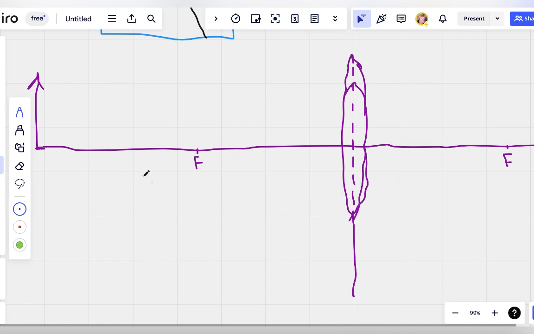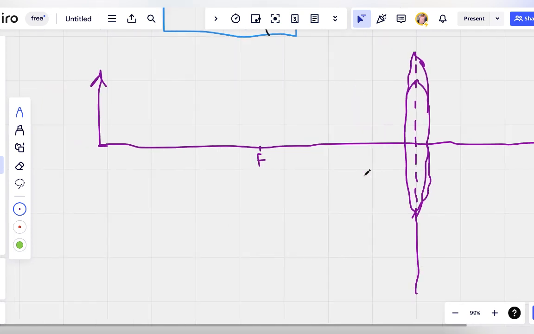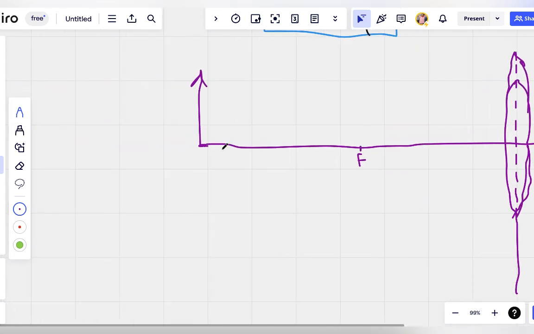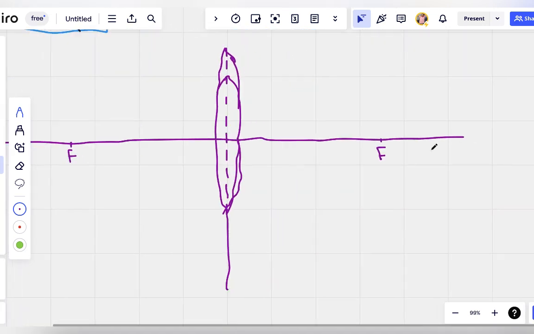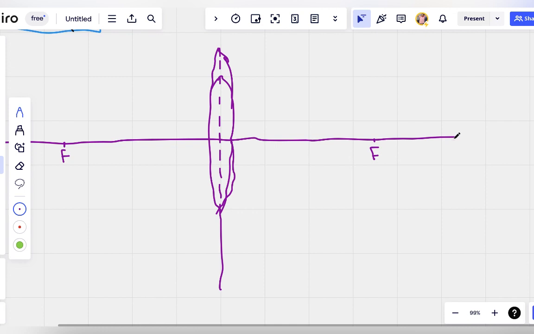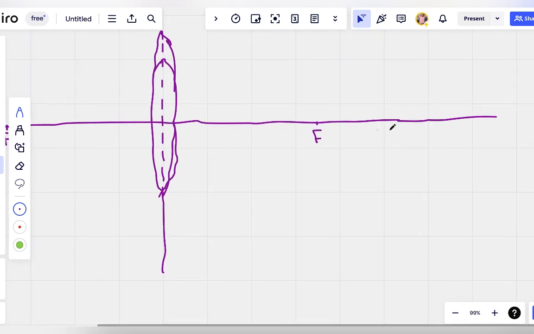Now 2f on this side, here is 2f. And the object is beyond 2f. Now on this other side, our 2f is here. One, two, three.